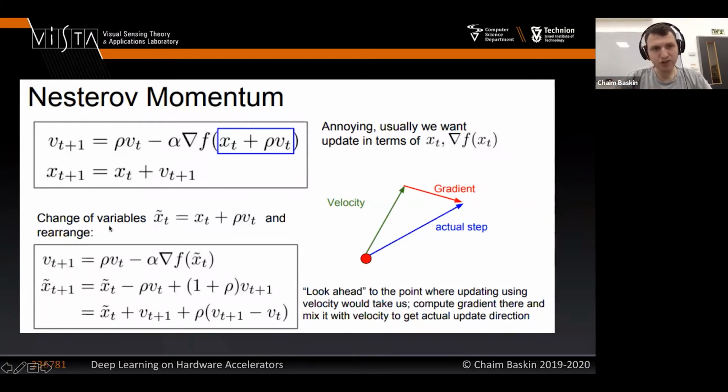Then we change the variables, xt to xt plus vt, and do some rearranging. So vt plus 1 will be pvt minus alpha of the gradient of f at xt. Again, I changed the variables for getting the function at the point. So xt plus 1 will be as follows.